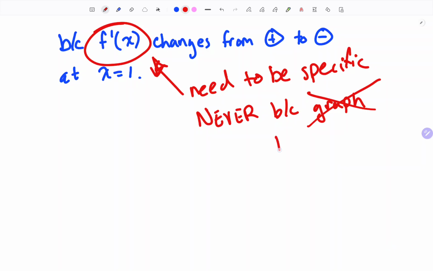Which graph? And please never, ever say because it. One of you is going to write this down. I'm going to make fun of you. I'm going to call you out. I'm going to tell the whole class that you did it. Please never, ever say because it. Okay, that's a big no-no. We have no idea what it means. You need to be specific and say because f prime of x changes.